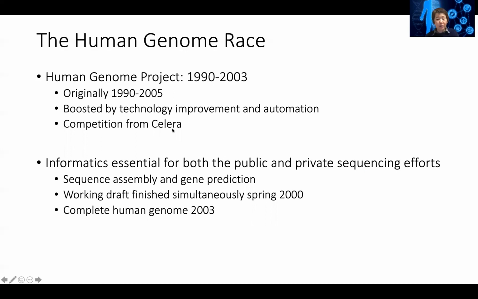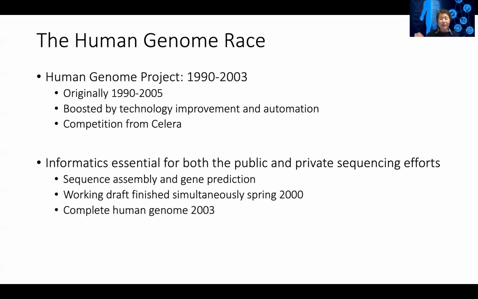And this competition from Celera also stimulated the public effort to use more pipelines and automation to speed up the process. And because of this competition, eventually the White House had to be involved. They worked with both groups to say, let's try to work together. And so they agreed that there would be a public announcement.